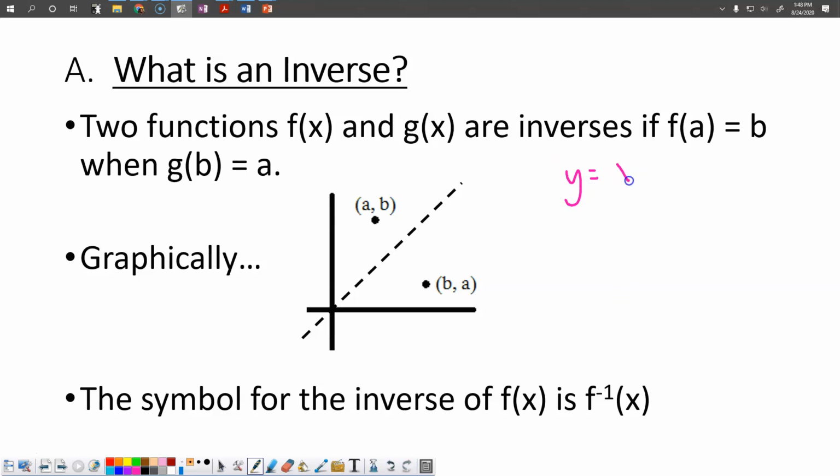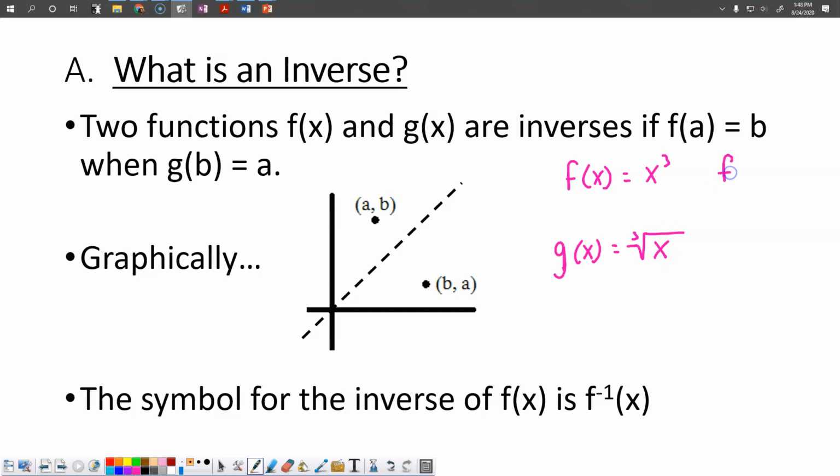So f of x equals x cubed, and g of x is equal to the cube root of x. These are inverse functions, and here's why.